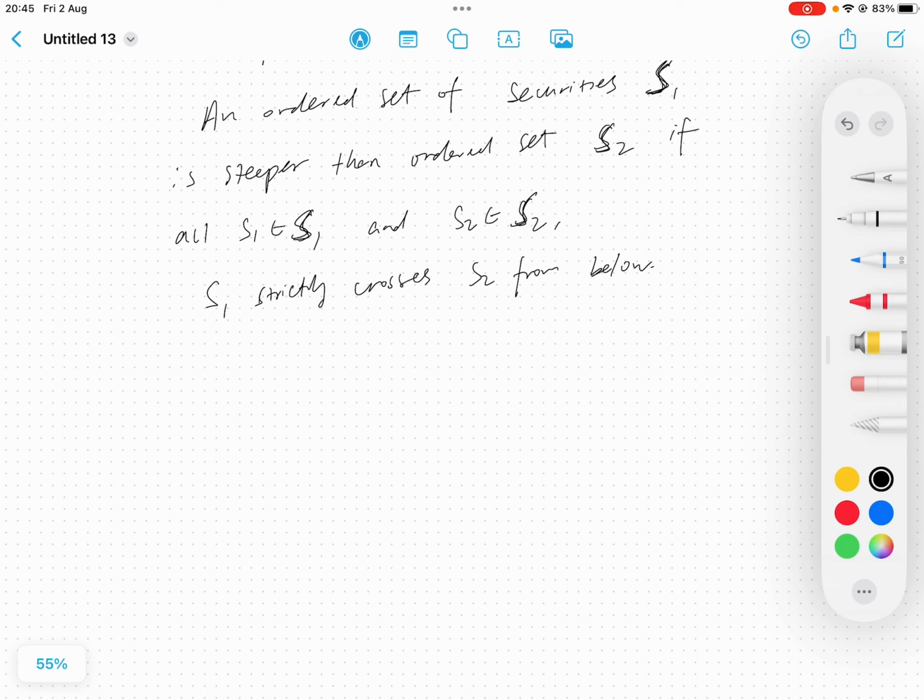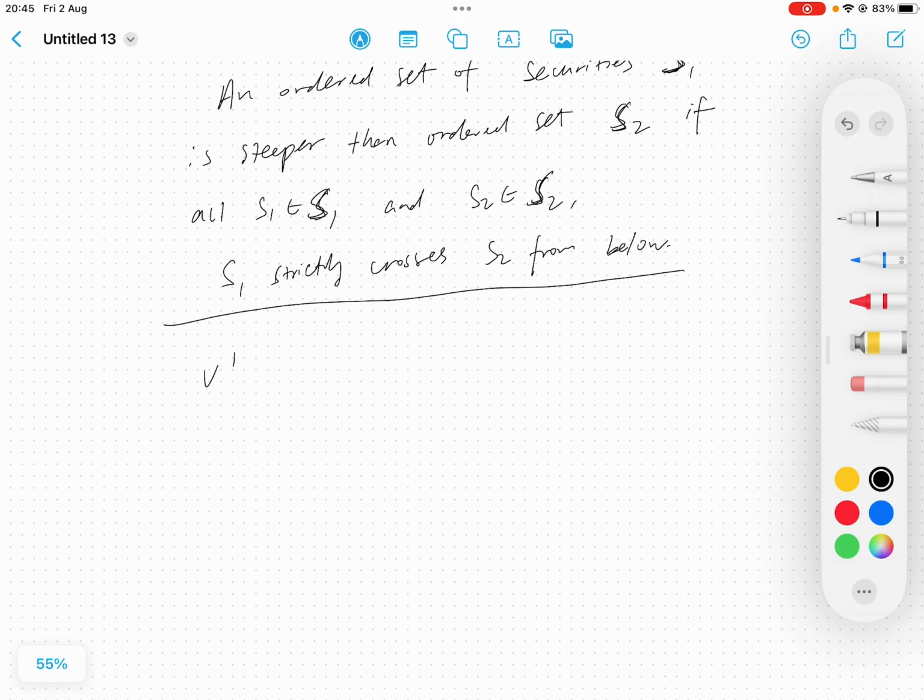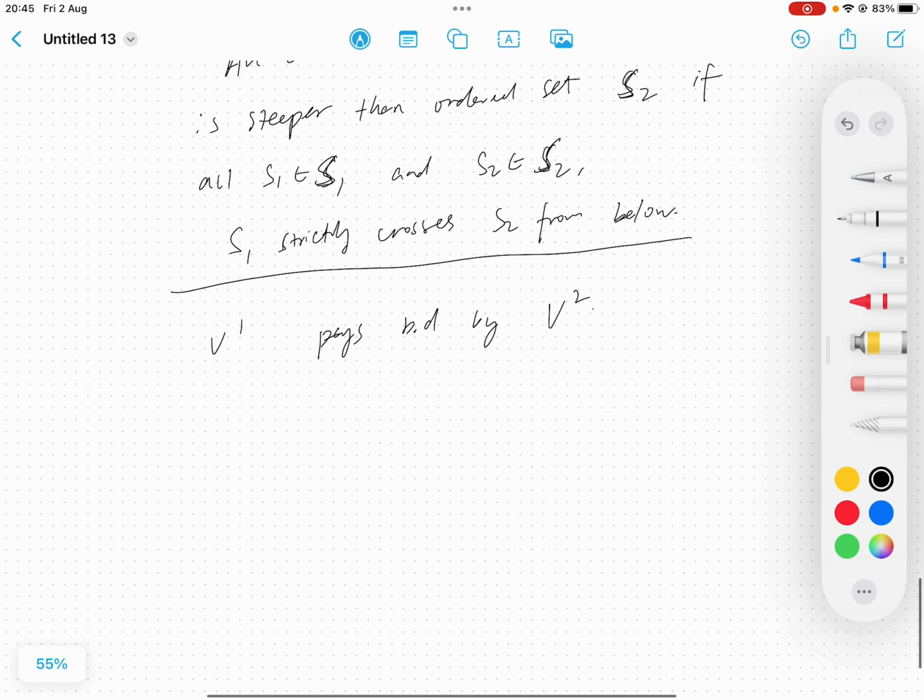So we are considering the second price auction, and in the second price auction, the winning bidder, the winner with type V1, pays the security bid by the second highest type V2. V1 is higher than V2.